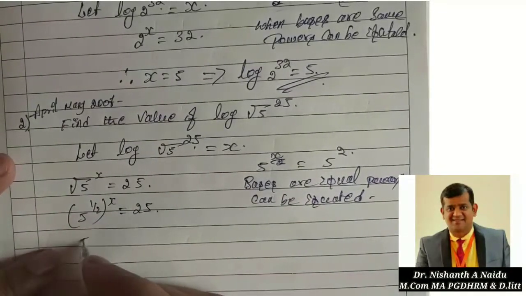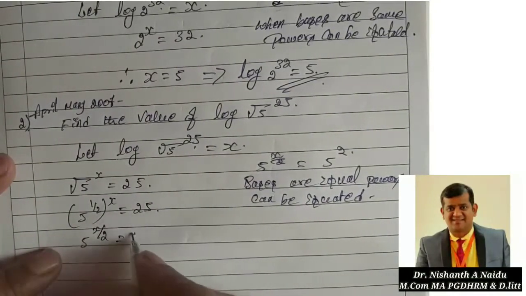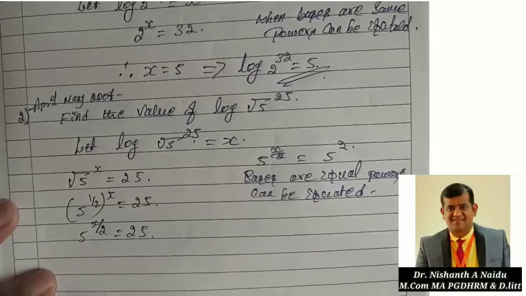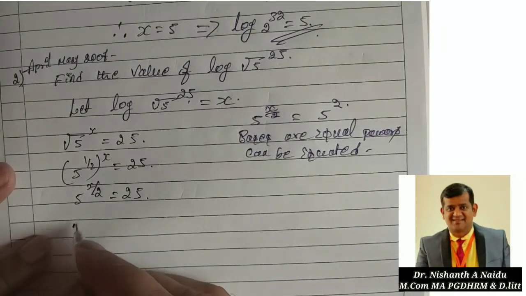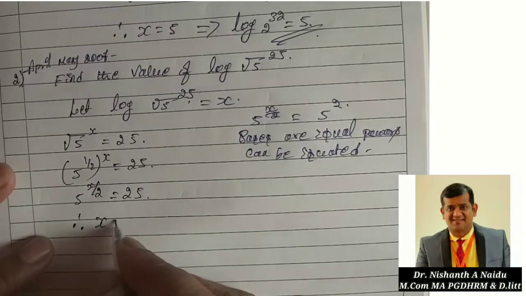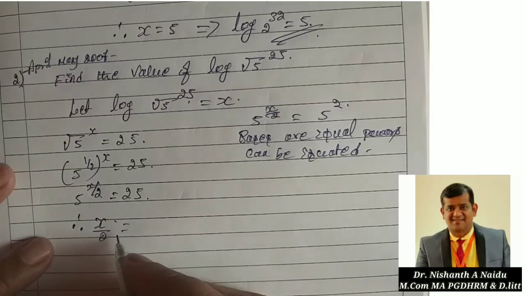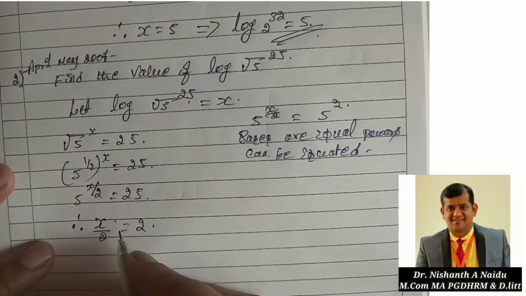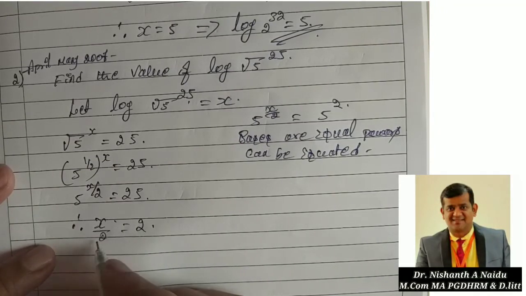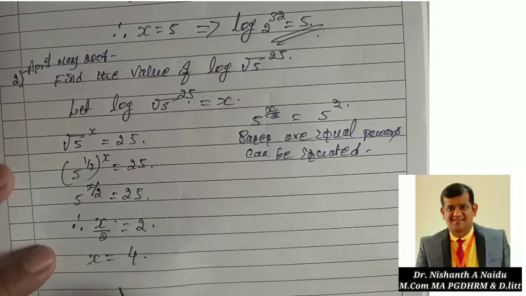So that means 5 to the power x divided by 2 equals 25. Therefore x divided by 2 equals 2, correct? So 2 2s are 4, so x equals 4.